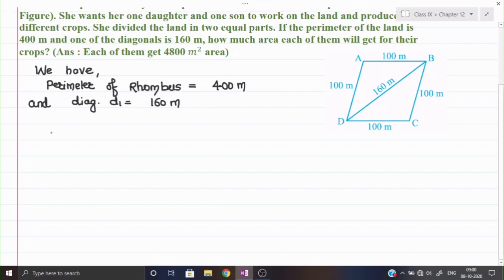So first we will say that the perimeter of rhombus is equal to 4 into side. This is the formula. If I have not given it to you earlier, please remember: the perimeter of rhombus is equal to 4 into side.